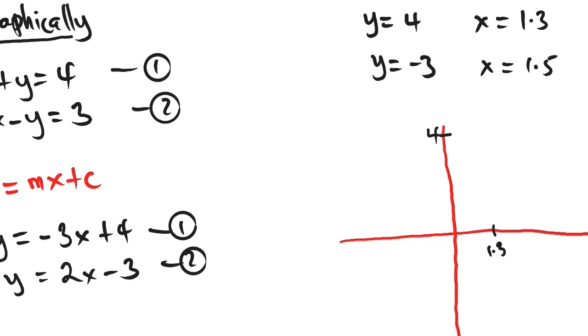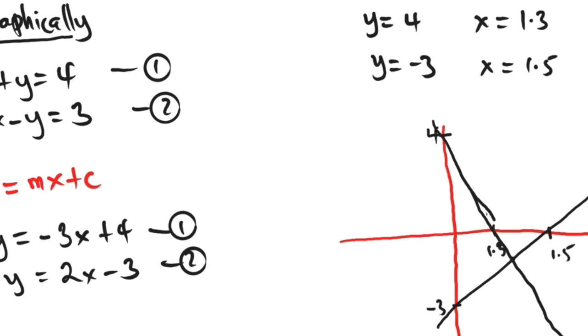And then when y is -3, so let's call this -3, x is 1.5, so 1.5 will be somewhere here. So for 4 and 1.3, you can draw a straight line through them. And then for 1.5 and -3 too, you can draw a straight line through them.